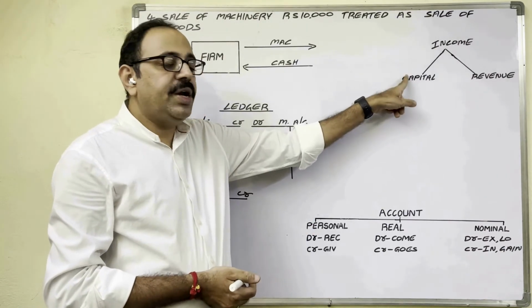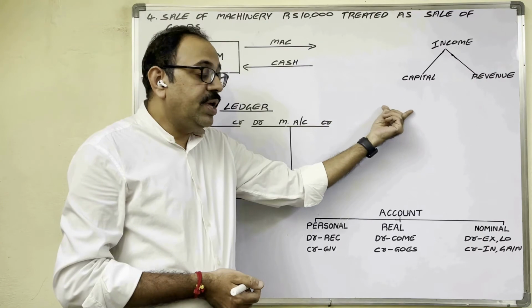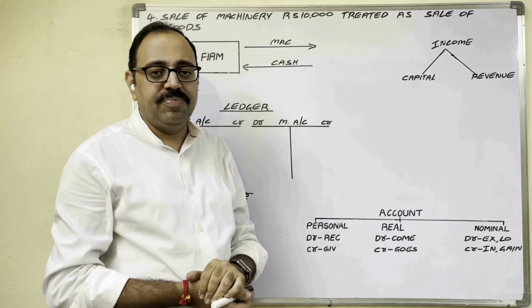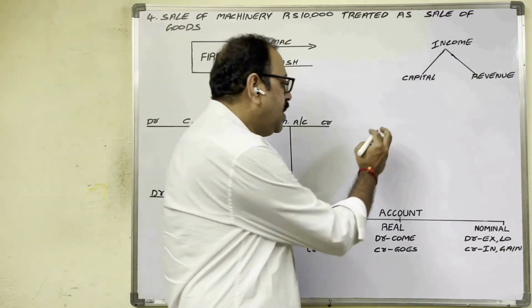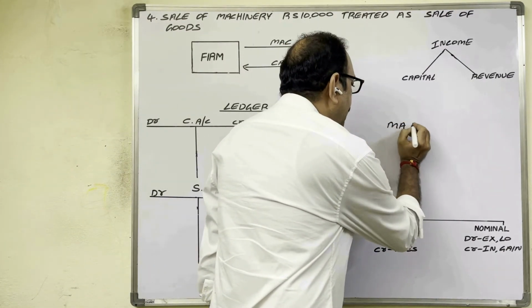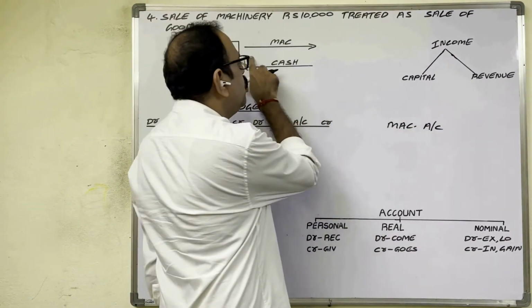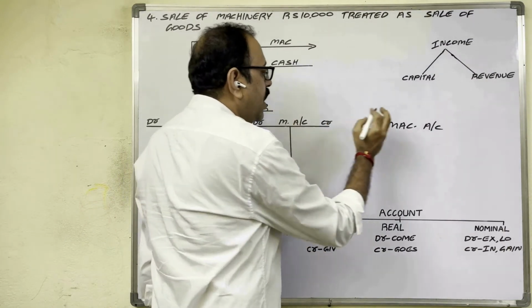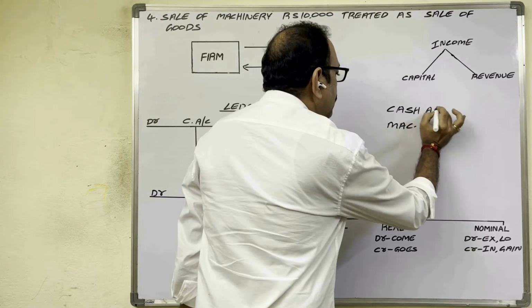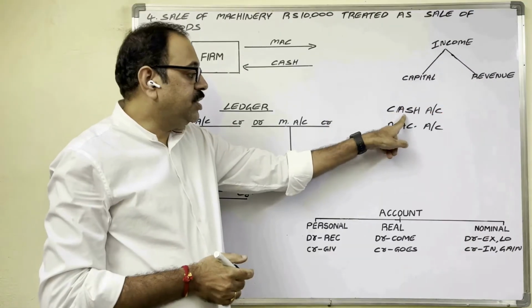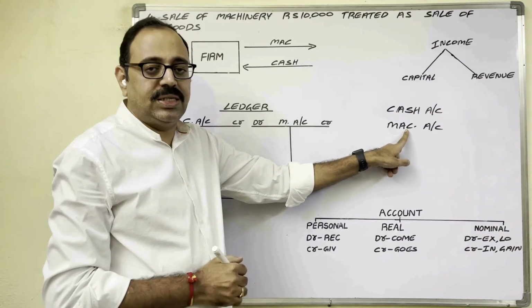In case of capital income, one account is that asset name. As machinery is going from us, the machinery account is to be taken as one account. We sold machinery for cash now. Cash is coming. Therefore, the cash account is one account. Cash and machinery are both assets.